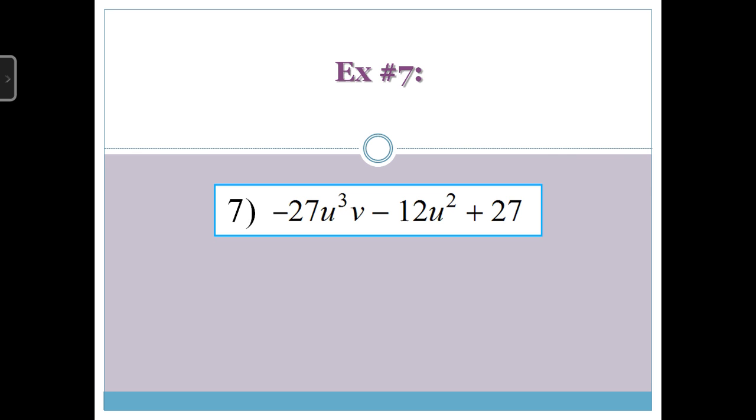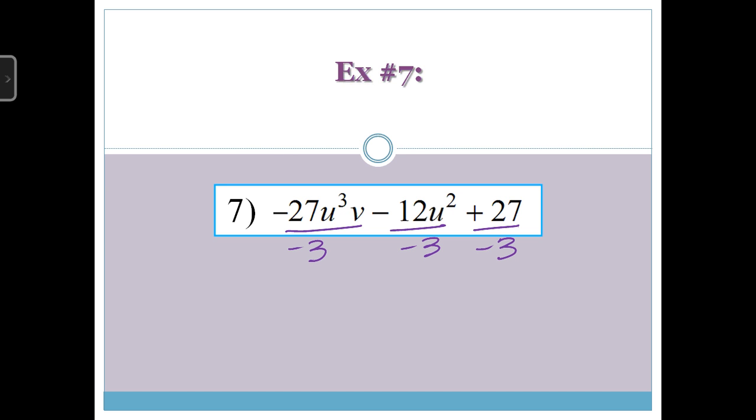Okay, now we've got a trinomial. So go ahead and take a look. What's the GCF? And remember, if it's a variable, it has to be on all three. Okay, you should have gotten negative 3 as your GCF.